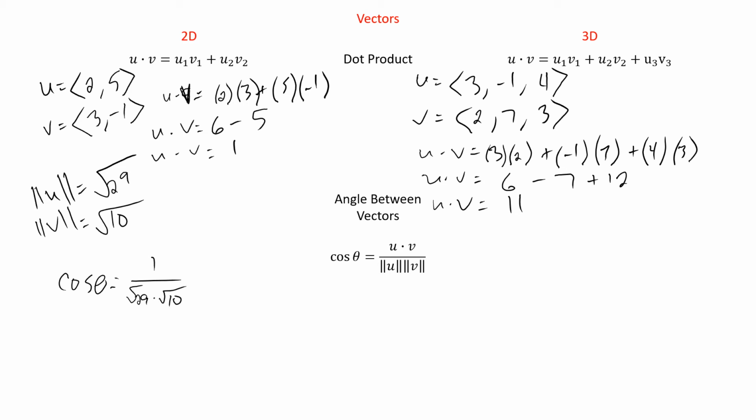So root 29 times root 10 is going to be some horrible decimal. It's going to be 17 point something. We want 1 over that, which is about 0.0587.